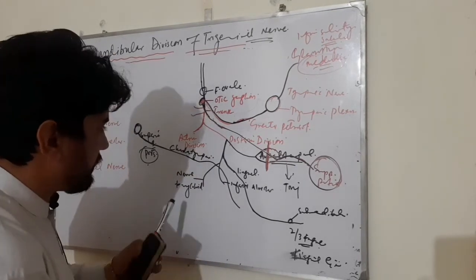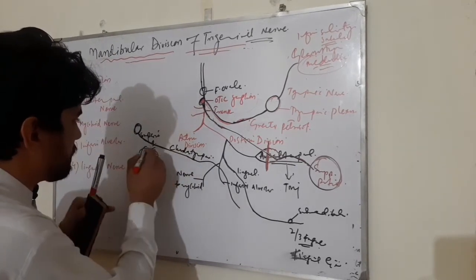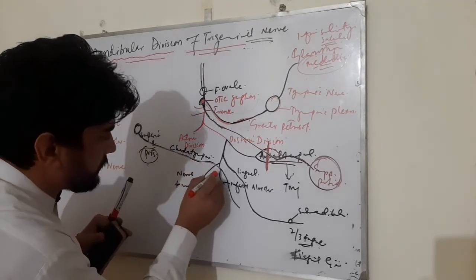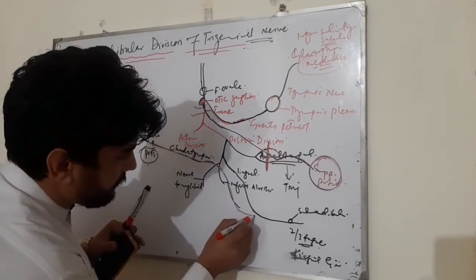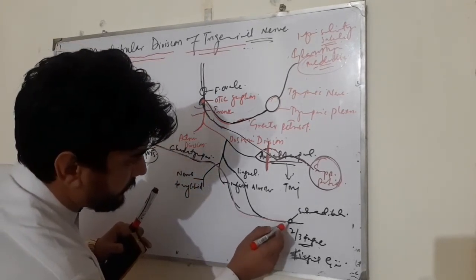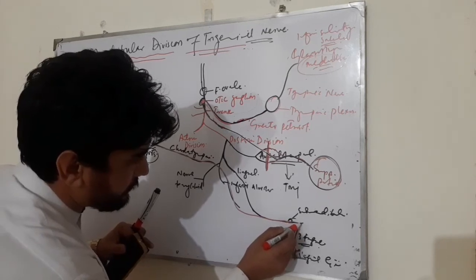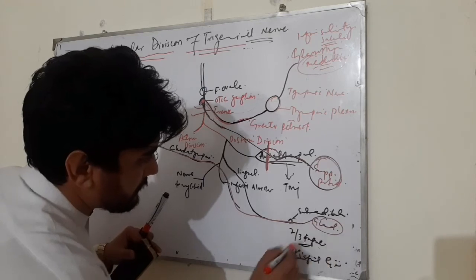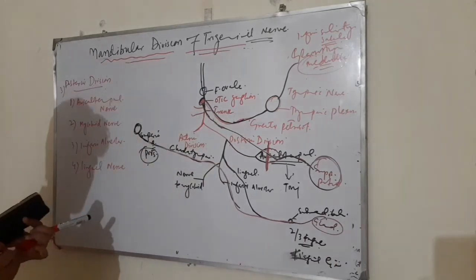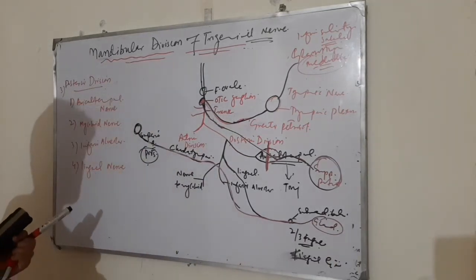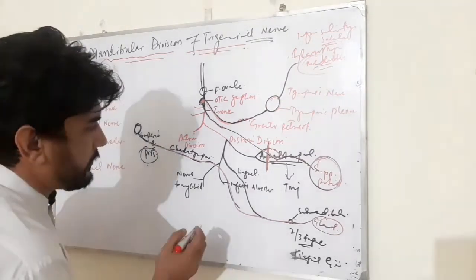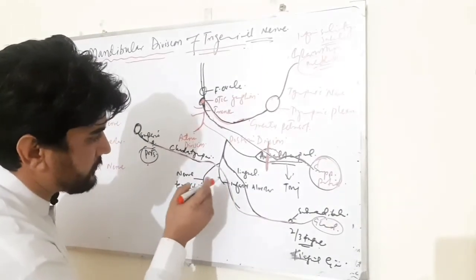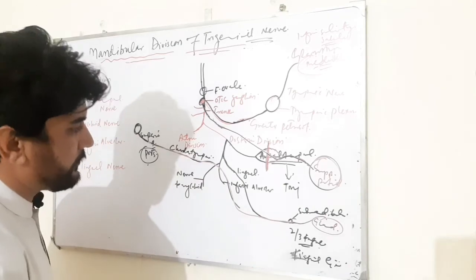This chorda tympani combines with the lingual nerve and carries parasympathetic supply to the submandibular gland as well as the sublingual gland. So this is about the lingual nerve, which arises anteromedial to the inferior alveolar nerve.